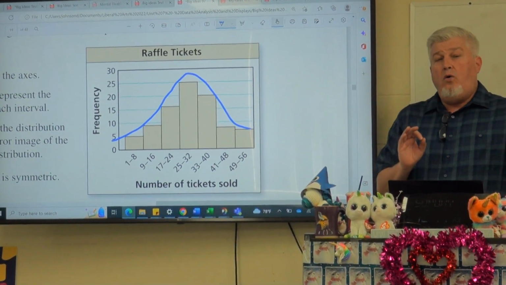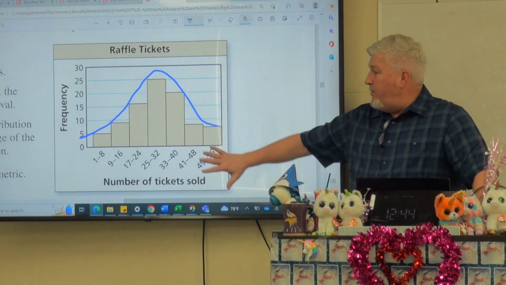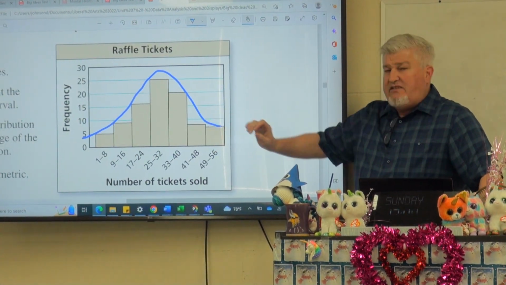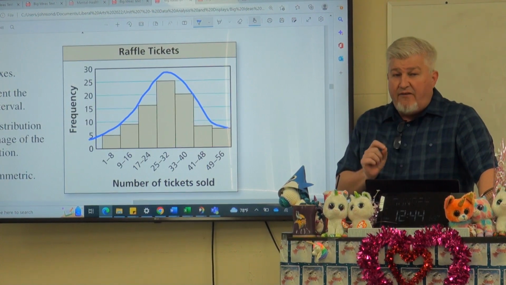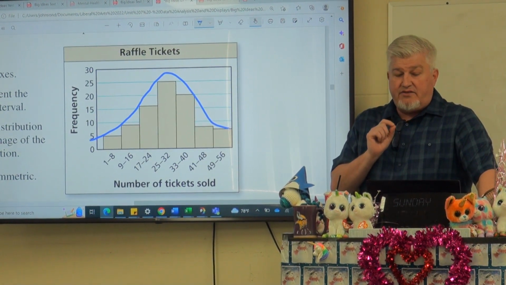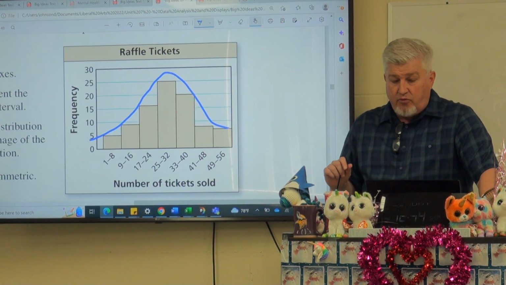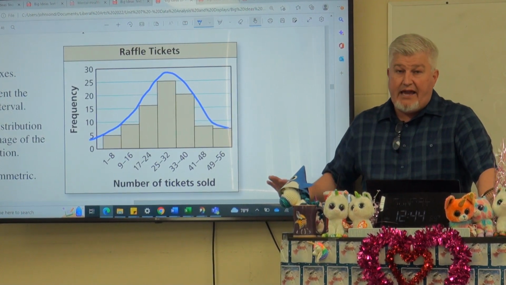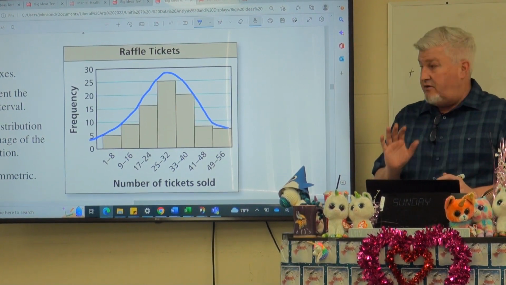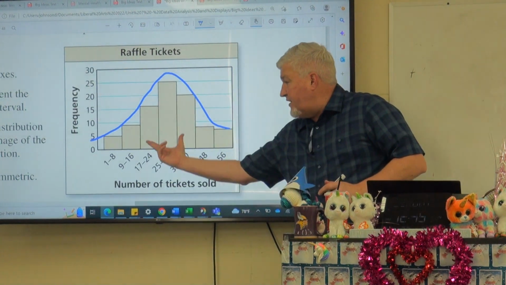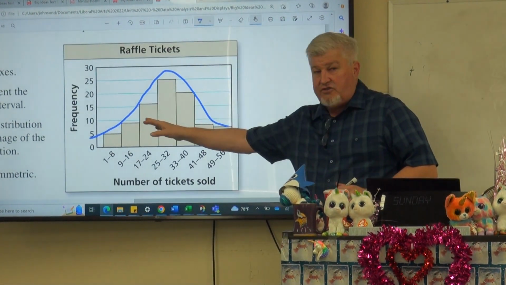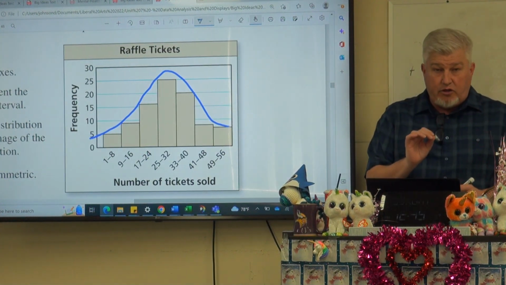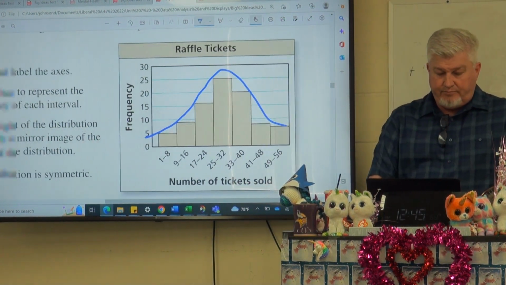Now, I know when you look at it, you see how it's kind of shifted just slightly right. That shift is not significant enough to call it skewed. In general, this would be called a symmetrical distribution. The vast majority of our tickets have been sold here in the middle, with some edges on the right and some edges on the left. So this is a symmetrical data distribution.